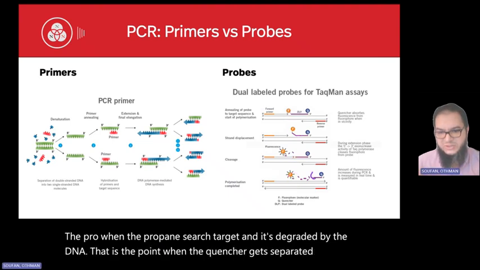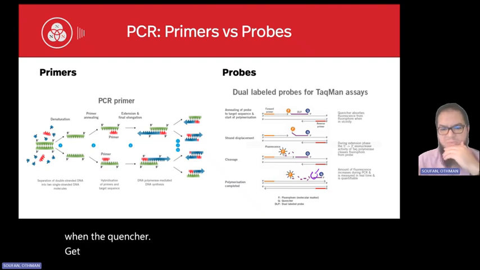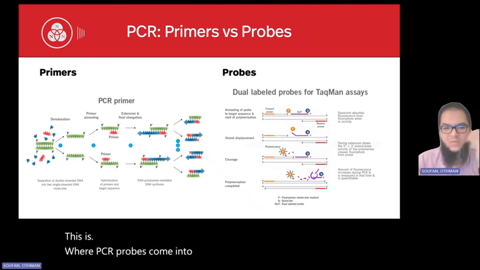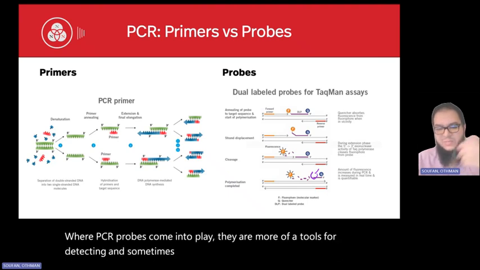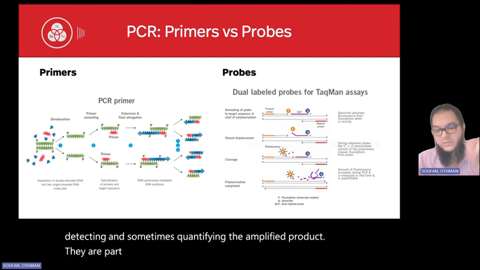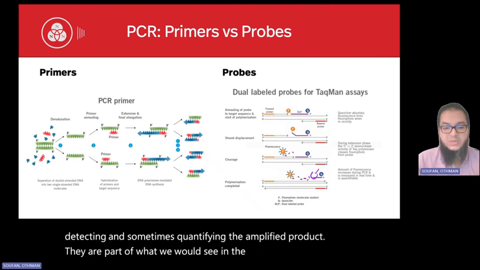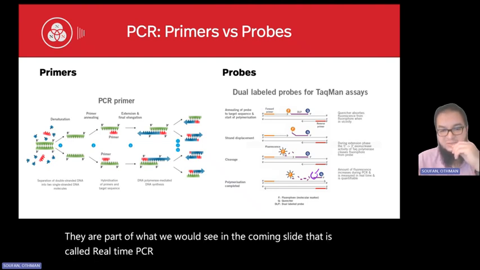This is where PCR probes come into play. They are tools for detecting and sometimes quantifying the amplified product. They are part of what we'll see in the coming slide, called real-time PCR applications.